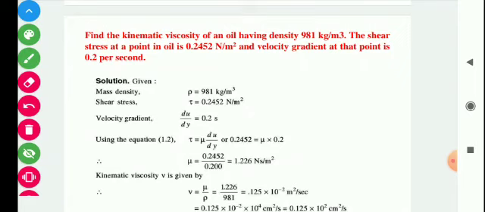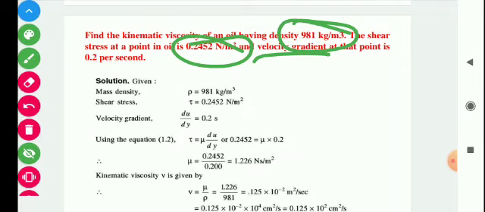So in this question, the velocity gradient is given. Velocity gradient means dv by dy is given. The shear stress is given and the density is given. So first we will calculate the dynamic viscosity, then we will divide it by its density, and we will be able to calculate the kinematic viscosity.